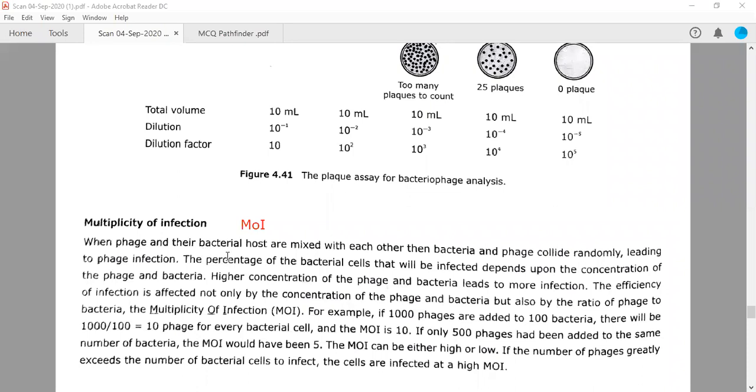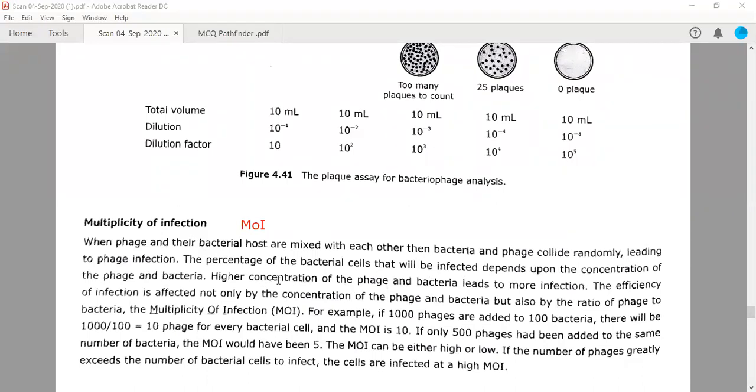So the percentage of bacterial cells that will be infected depends upon the concentration of the phage and bacteria. Now the number of both, the viral particles and the bacterial cells, will decide this multiplicity of infection. A higher concentration of the phage and bacteria leads to more infection.